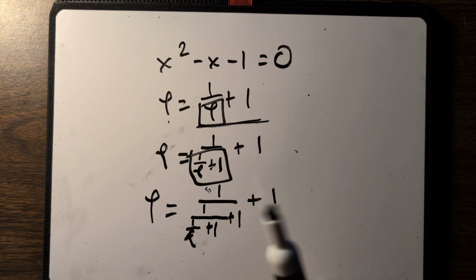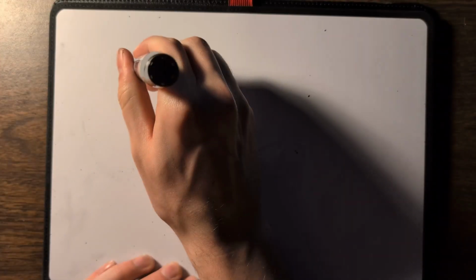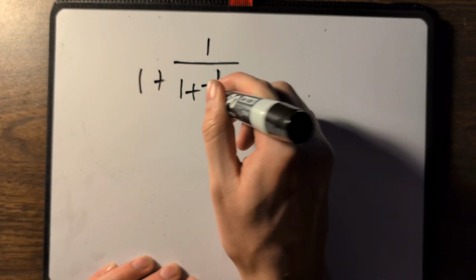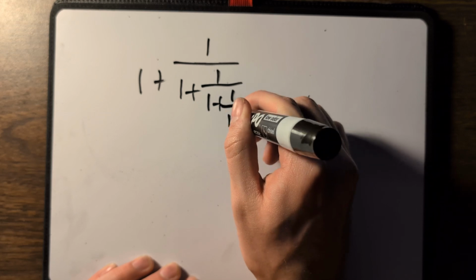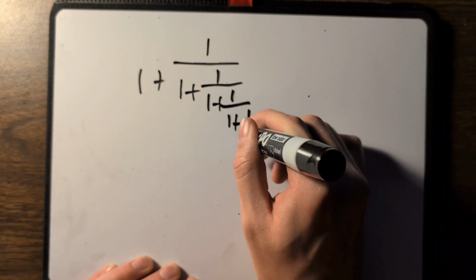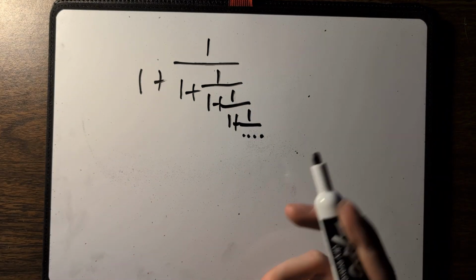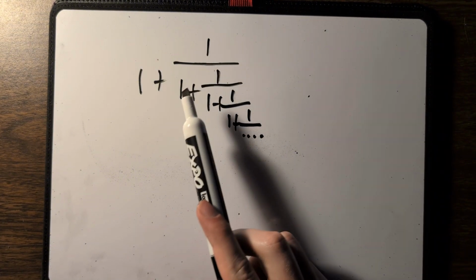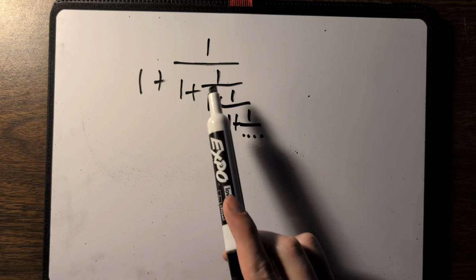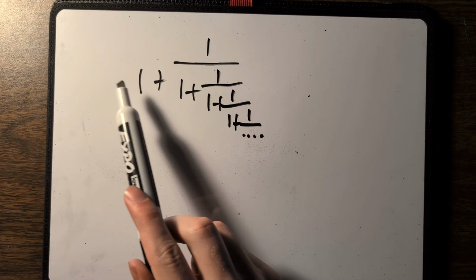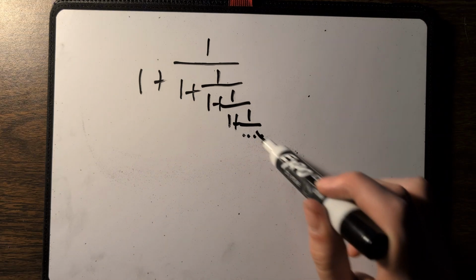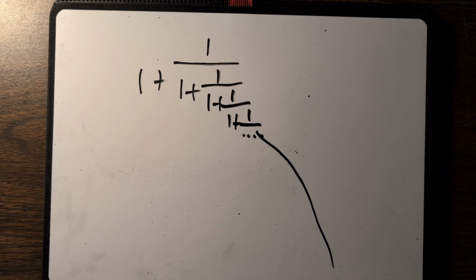We can do this on forever and ever until we get something that looks like this: 1 plus 1 over 1 plus 1 over 1 plus 1 over 1 plus 1 over, and so on and so forth. You kind of get the idea. This goes on forever and ever.